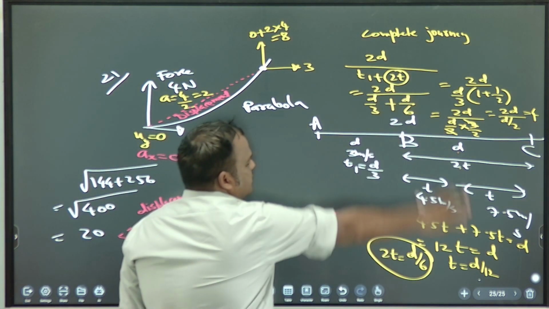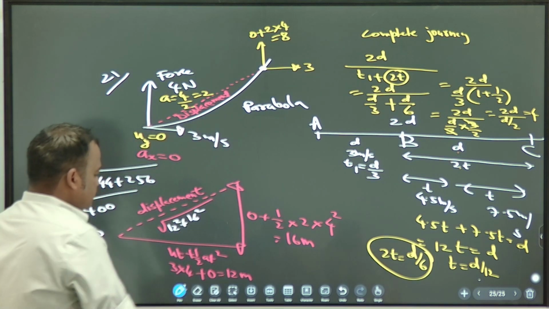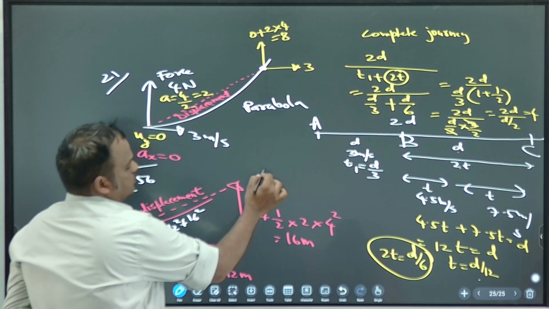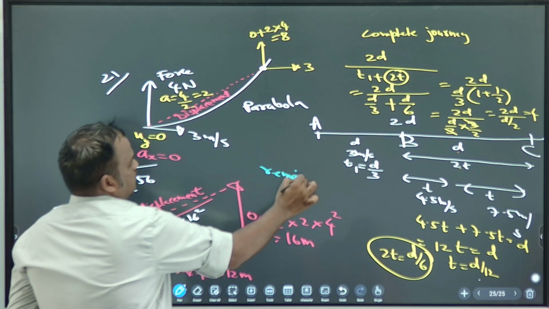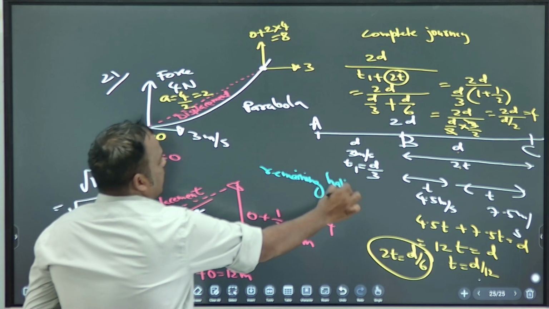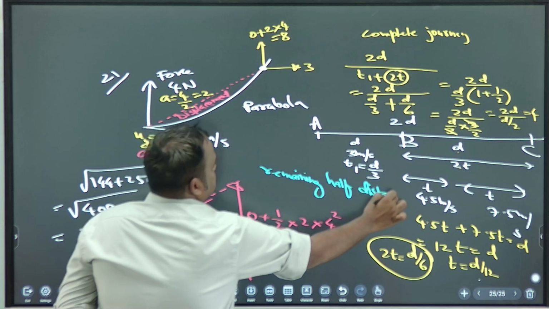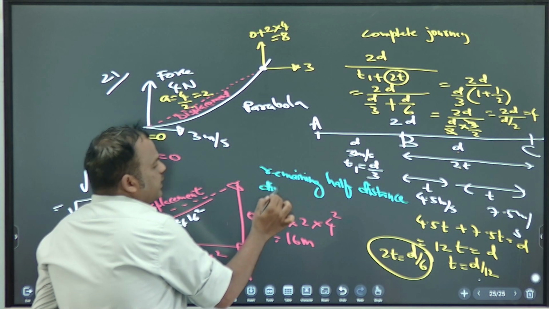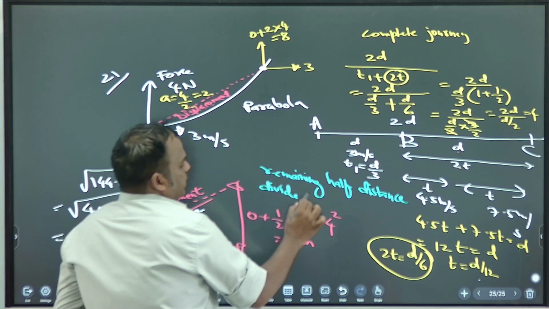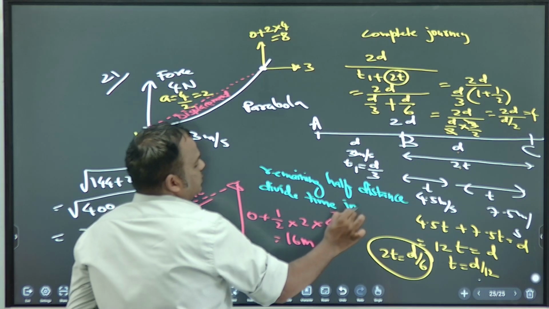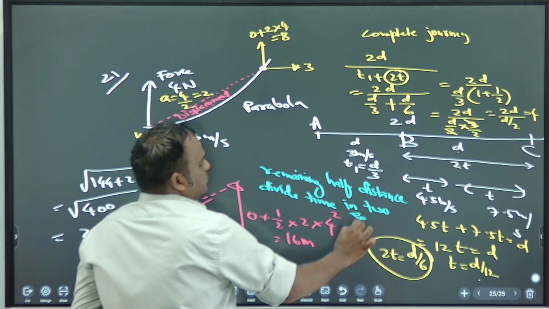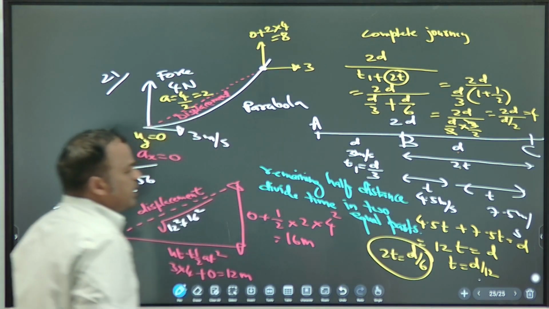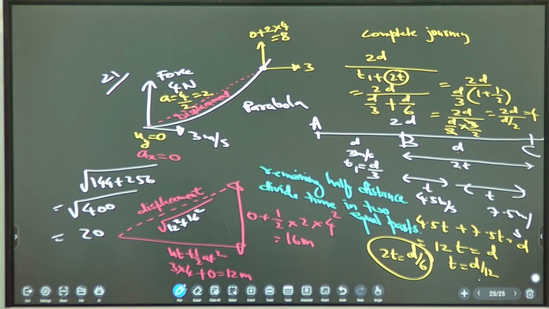Okay, copy this, draw the diagram. In the question they have given remaining half distance, divide time into equal parts. What is the total time?